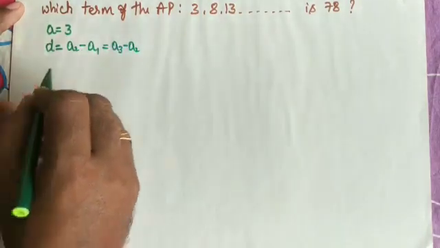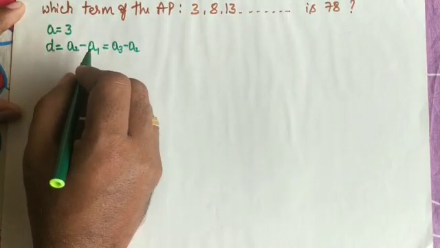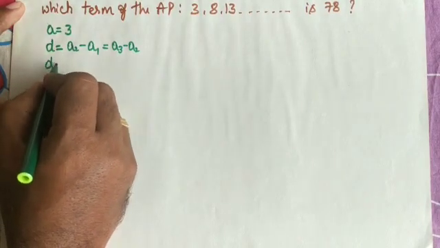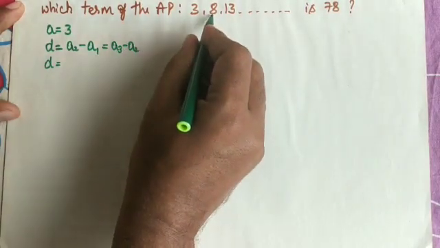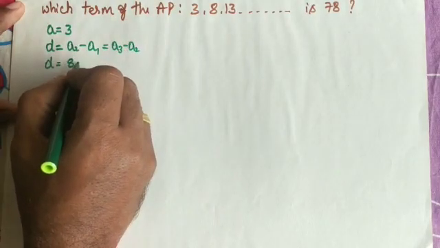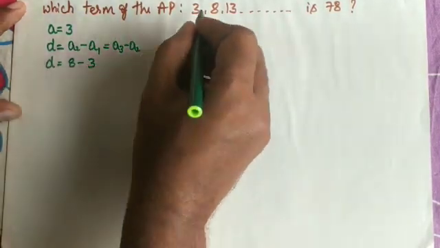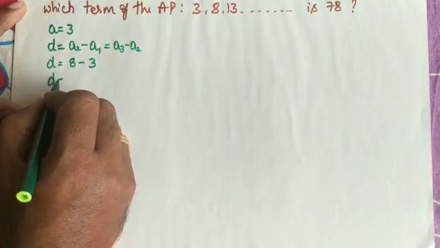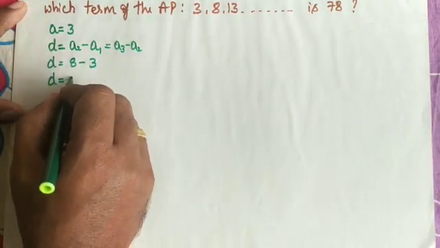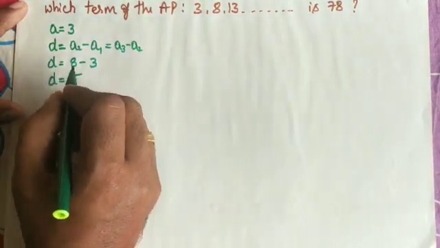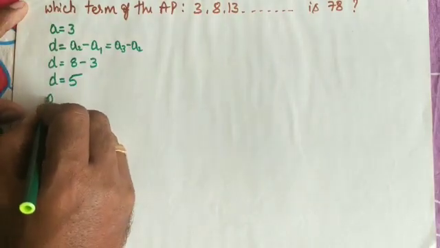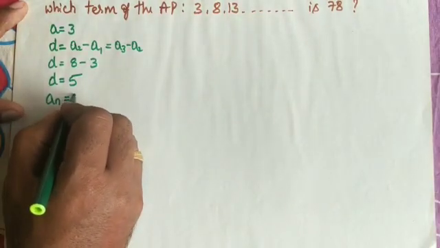We will be using the simplest one, a2 minus a1. a2 is 8 minus 3, that is a1. The common difference d is 8 minus 3, which is 5. And then let us take an as 78.